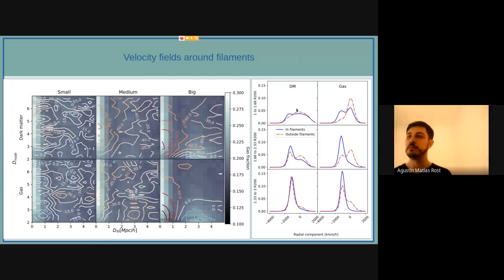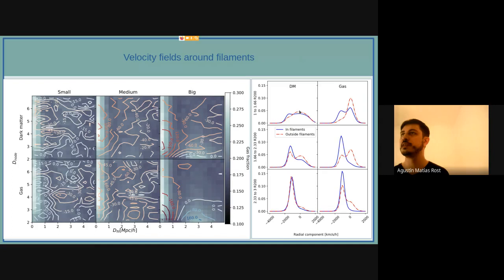Here we can also see the same story from a different point of view. If we look at the infall velocity towards the center of the cluster and separate by particles inside filaments and particles outside filaments, we have the dark matter on the left and the gas on the right, at different ranges of distances from the galaxy cluster center.